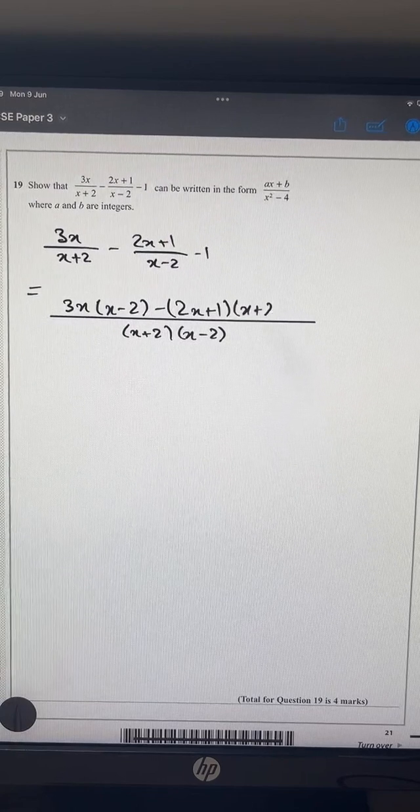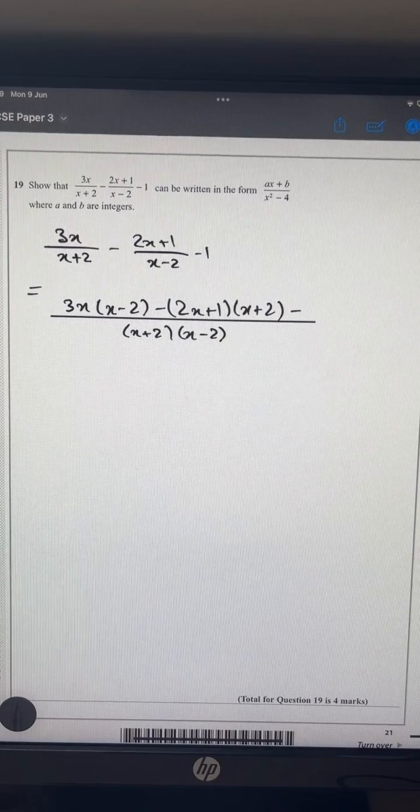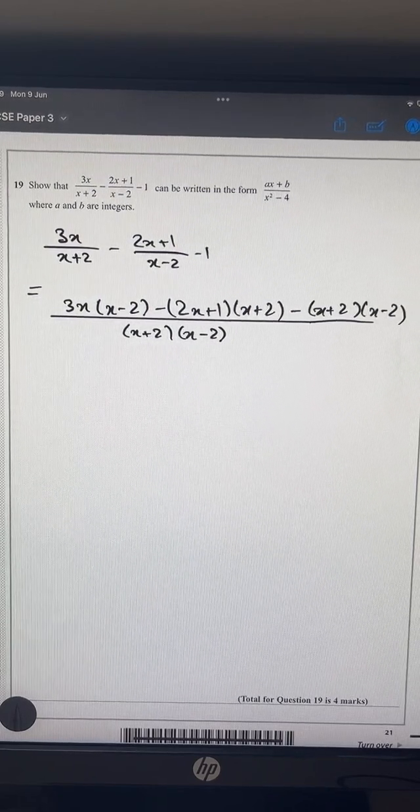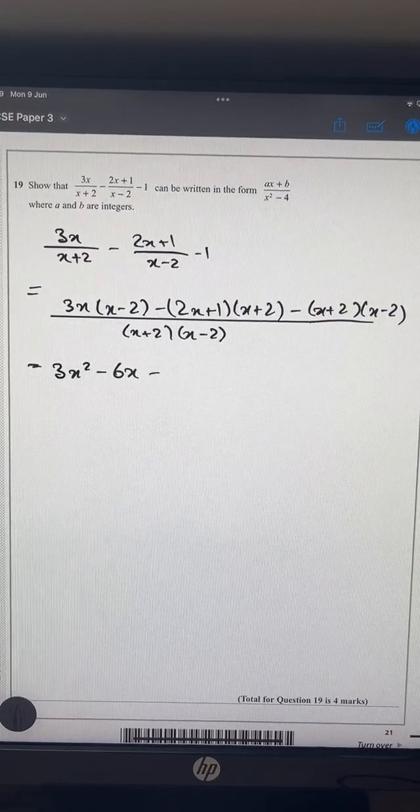So x plus 2, remember to put the whole thing in your brackets, yeah? Because you're multiplying the entire thing through by that. Minus, well, 1 is being multiplied by everything. So that's x plus 2, x minus 2. All right, and now I just have to do quite a lot of expanding, but it's not too bad. So 3x squared minus 6x minus, and I'm going to focus on just expanding the brackets first, yeah?